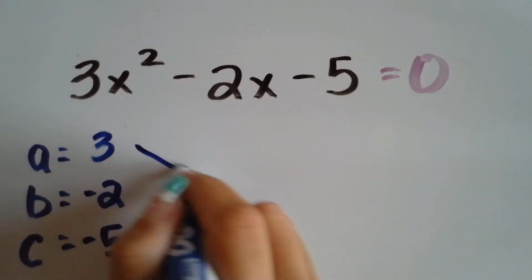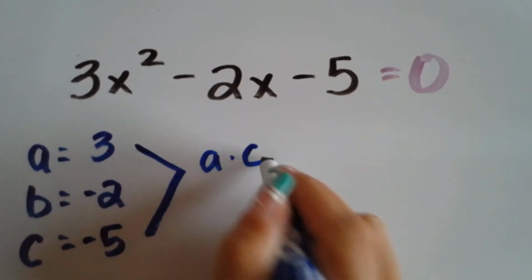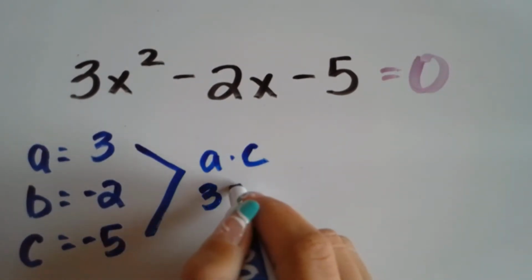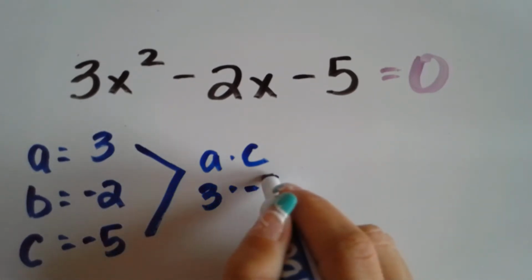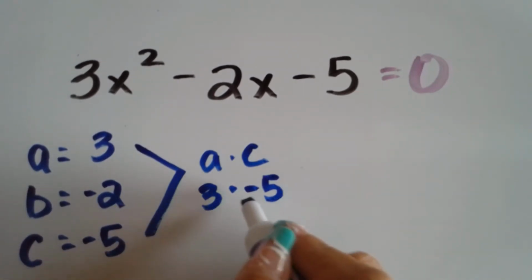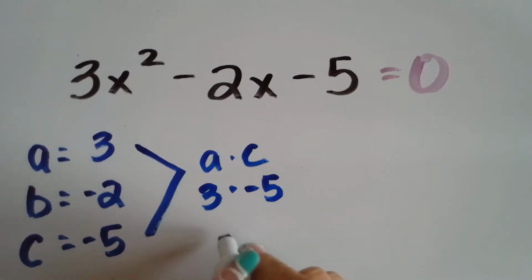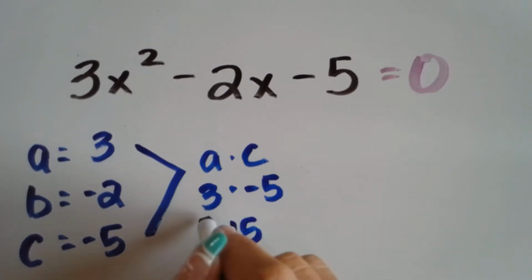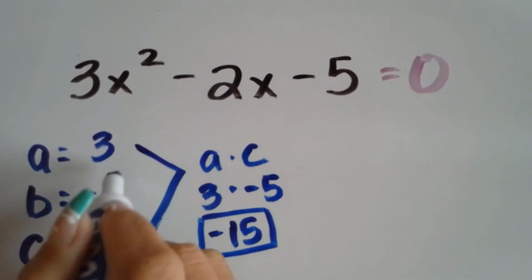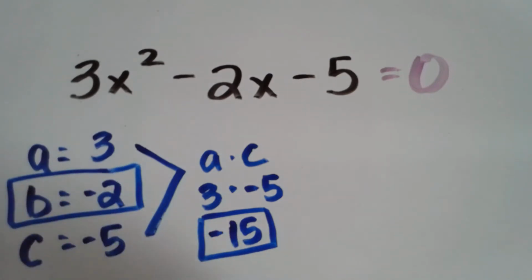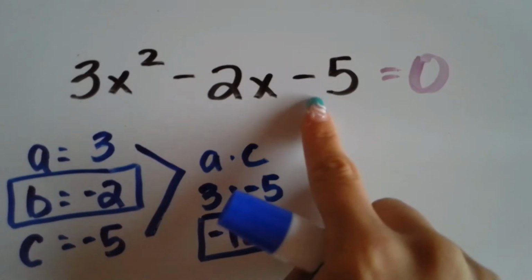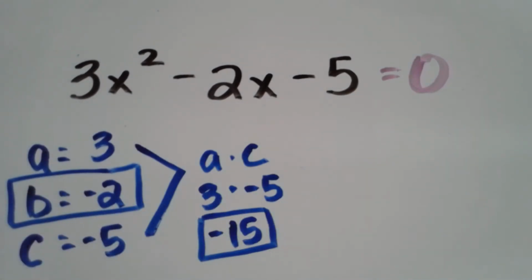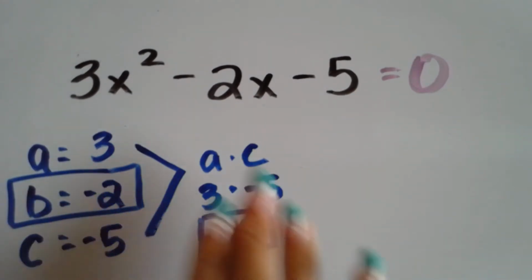Next step, we need to find our A times C. Our A is 3 times C, which is negative 5. 3 times negative 5 is going to be negative 15. Okay? And let's go ahead and box our B. And remember, when we wrote our A, B, and C, we always take the sign with it. That's if you kind of forgot from our other videos. I just want to point that out.